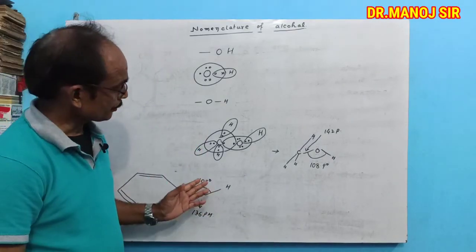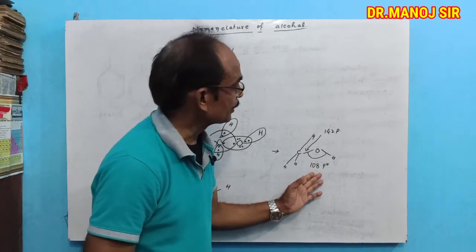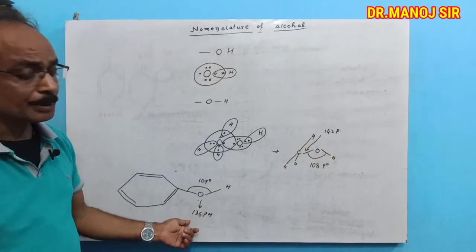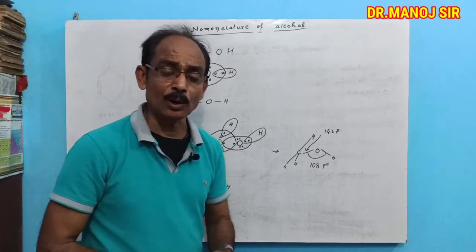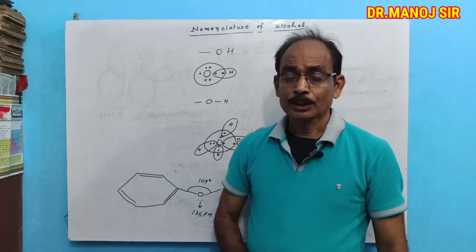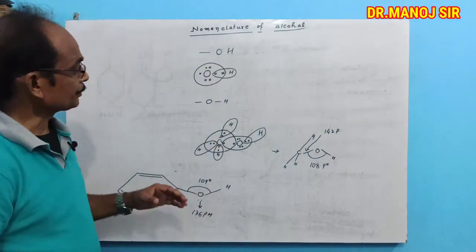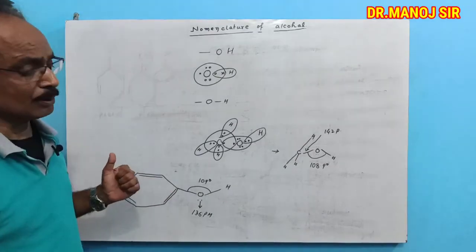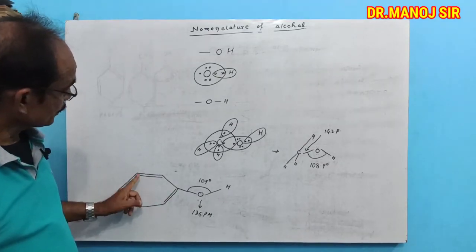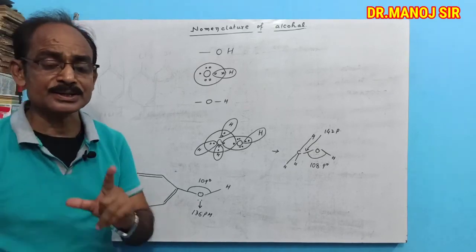Why is the angle of phenol larger than methyl alcohol, and the bond length of methyl alcohol greater than phenol? It depends on, number 1, the partial double bond in the phenol. The alternating single and double bond in the phenol is called a partial double bond.